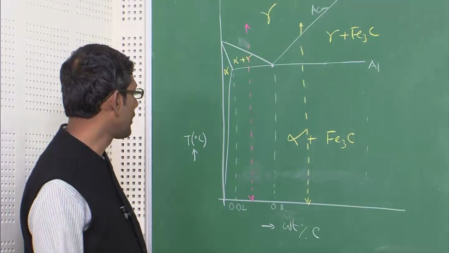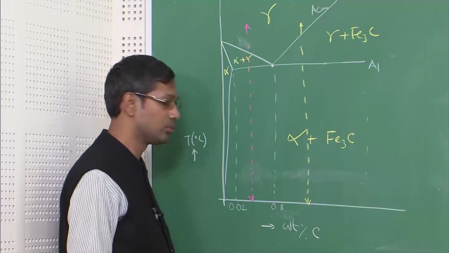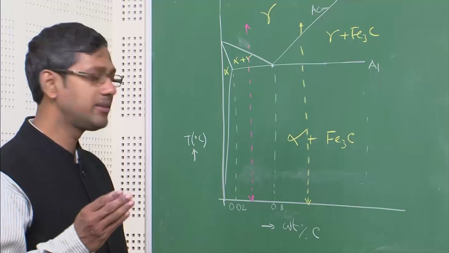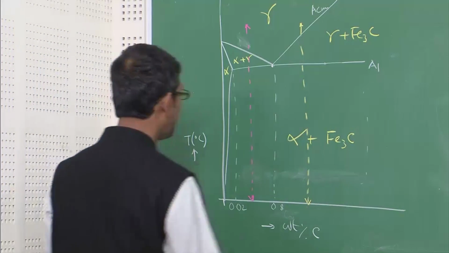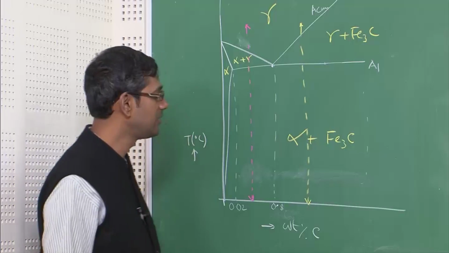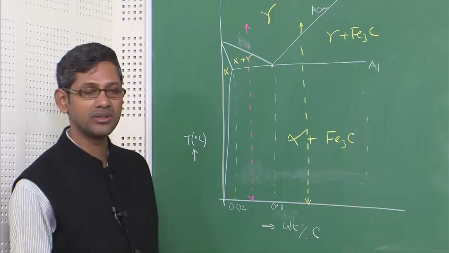Hypo-eutectoid steel falls in any steel composition between 0.02 and 0.8. That is the hypo-eutectoid steel composition: below 0.8 and more than 0.02. On the other hand, hyper-eutectoid steel is theoretically more than 0.8 up to 2, but practically from 0.8 to 1.2% carbon steel.